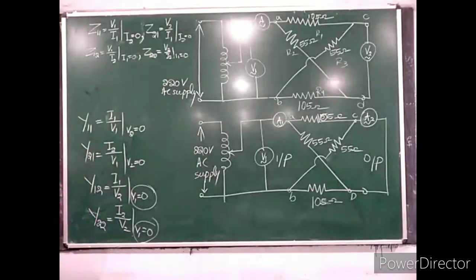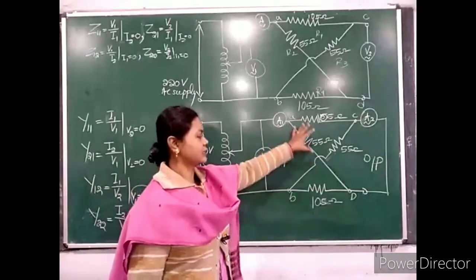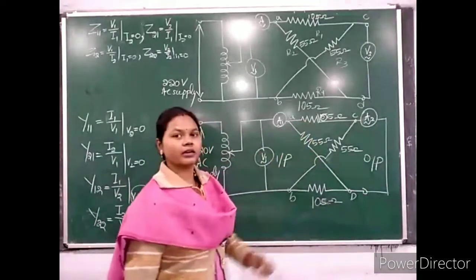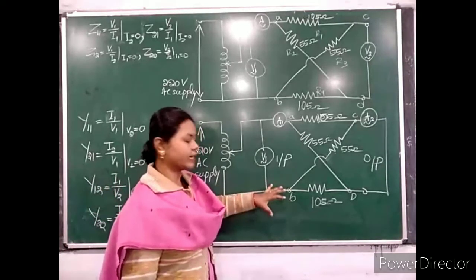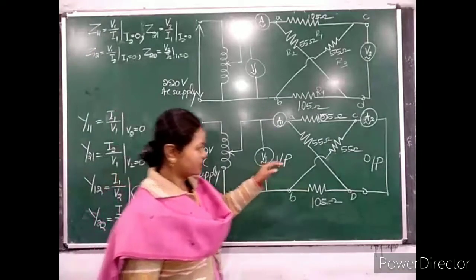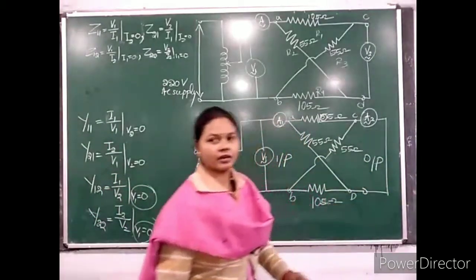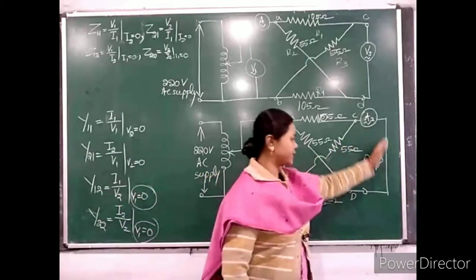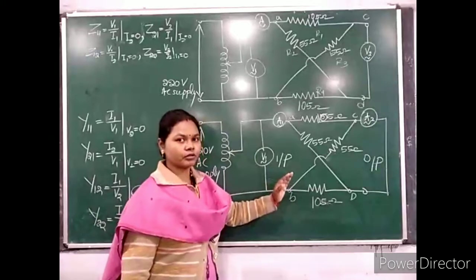Now come to the calculation for Y parameter. The connection diagram is the same for this lattice network. Here first you make the diagram shown here such that the output port becomes short circuited. Output port is short circuited here. It means you give supply to the input port.